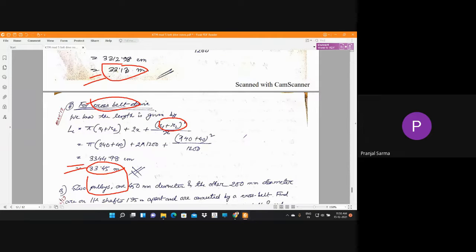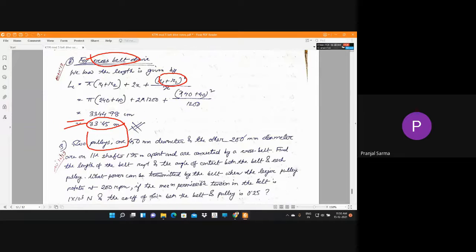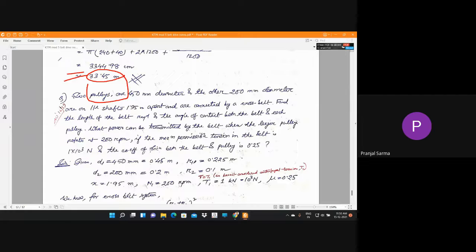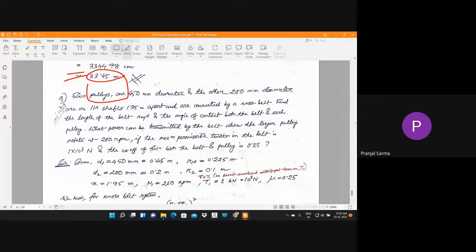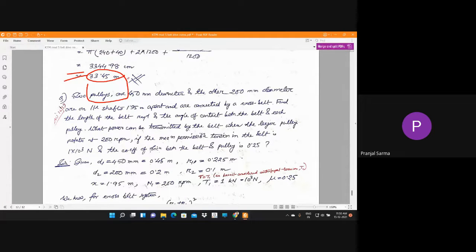Open belting, the length required is somewhat less for the similar situation. This is just straightforward. If you just know the expression, there is nothing else to understand here, just by using the expression.